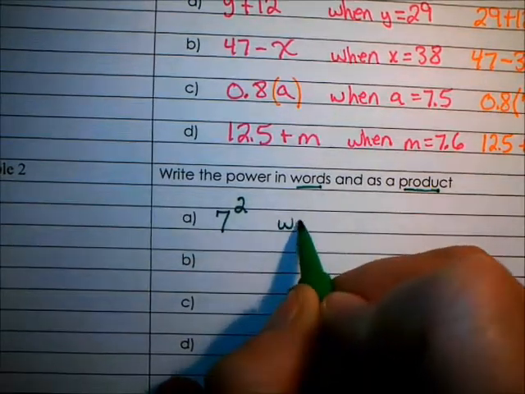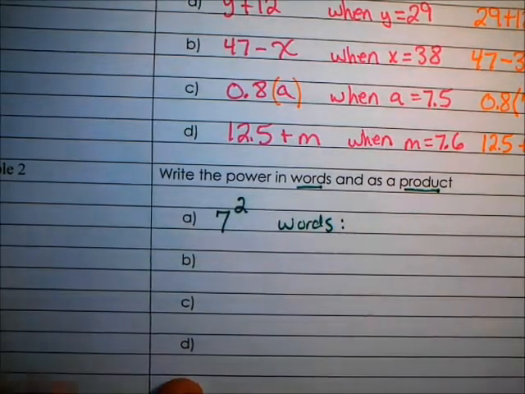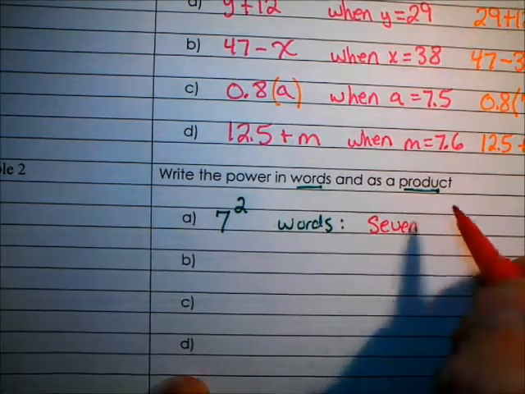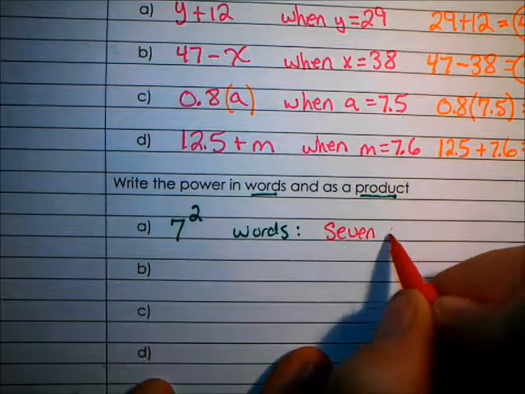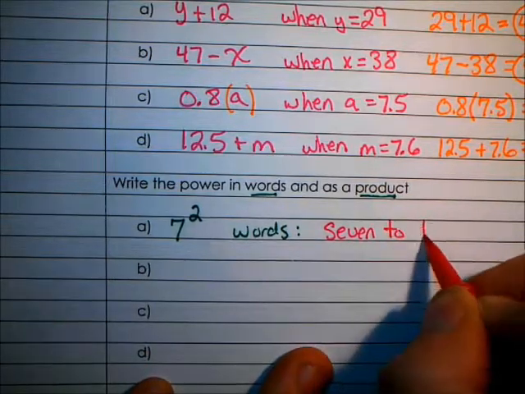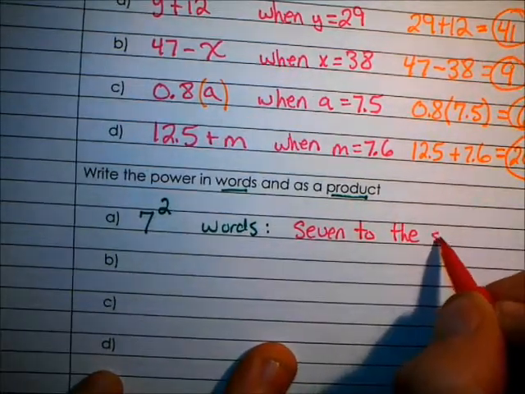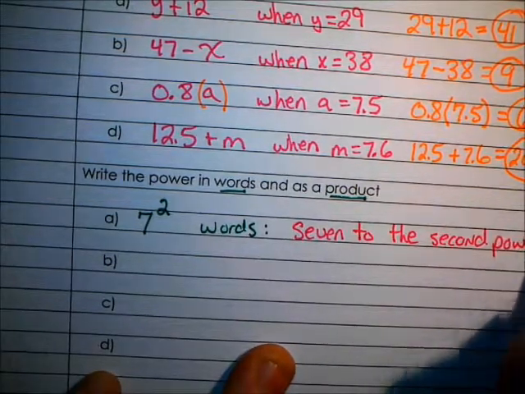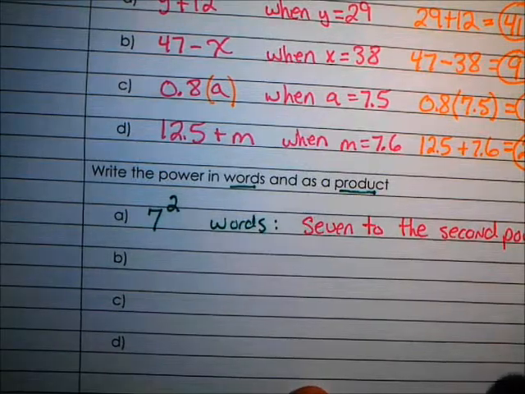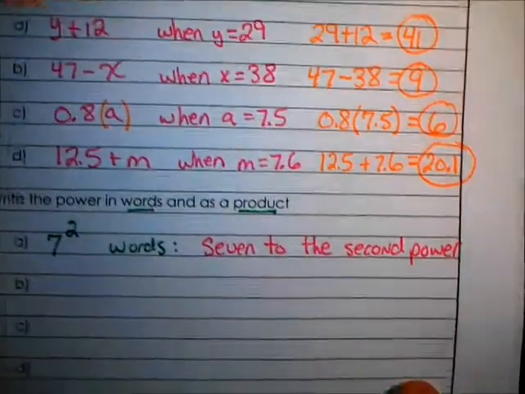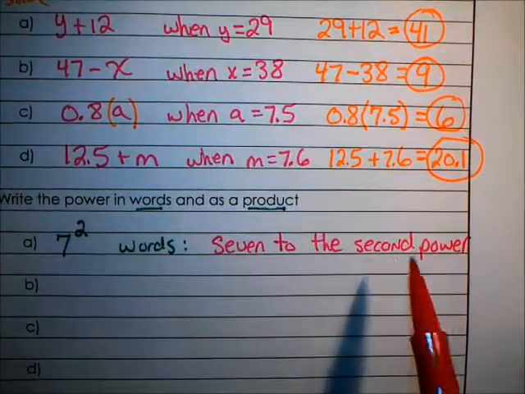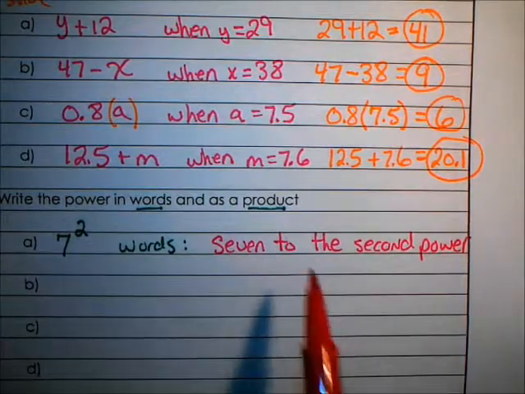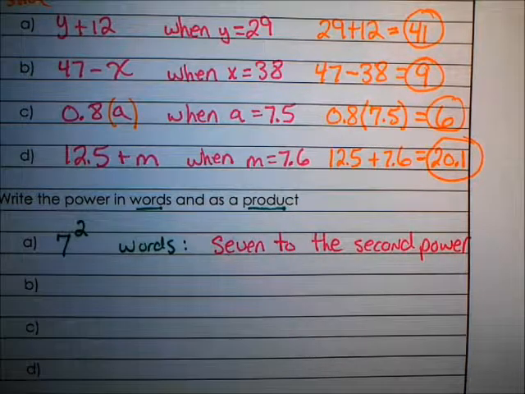Okay, I'm actually going to have to write the words for it. 7 to the second power. I could also say 7 raised to the second power, and because it is the second power, I could also say 7 squared. So I have actually 3 ways of writing this particular one.